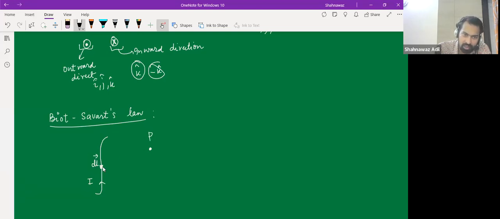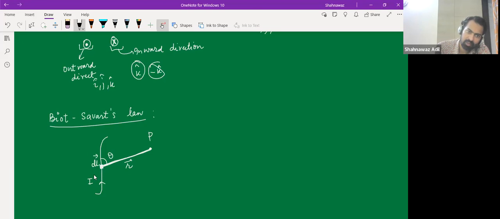This is r, the position vector, or displacement vector. This is the angle between the length element and the displacement vector between this point and this point. Is this diagram clear to you guys?